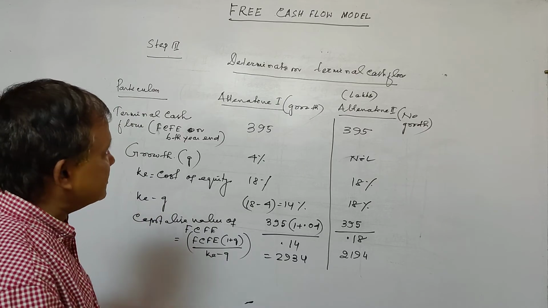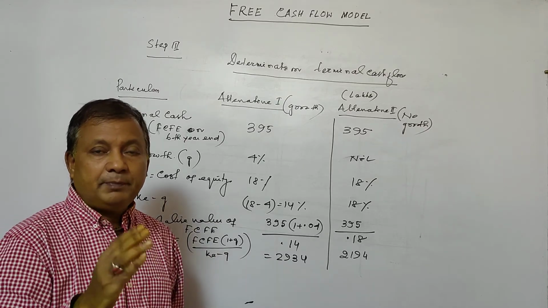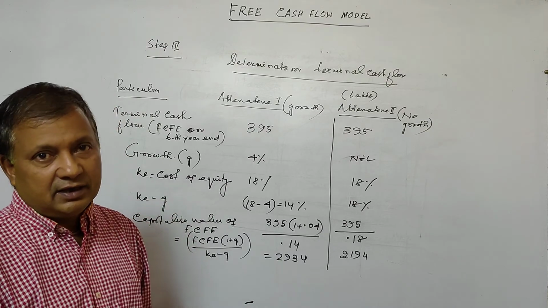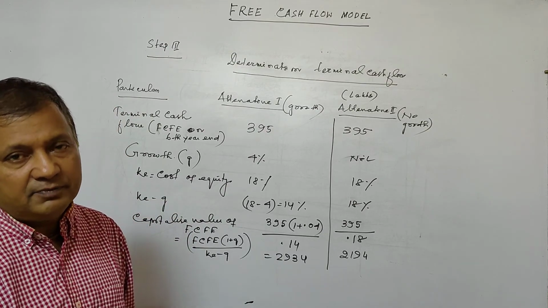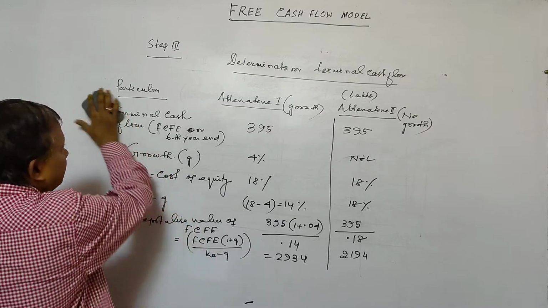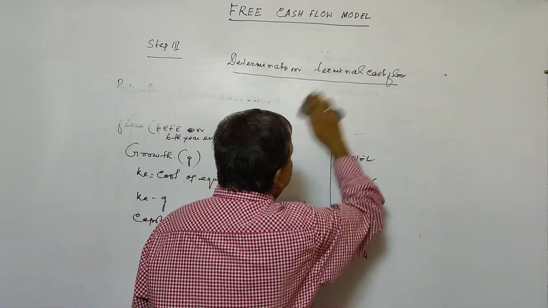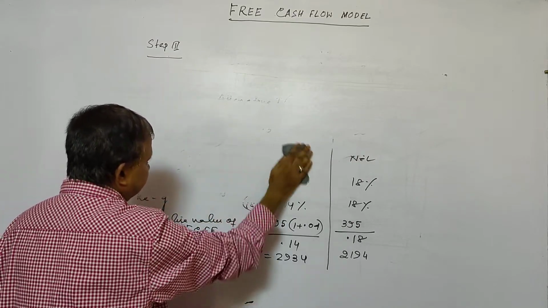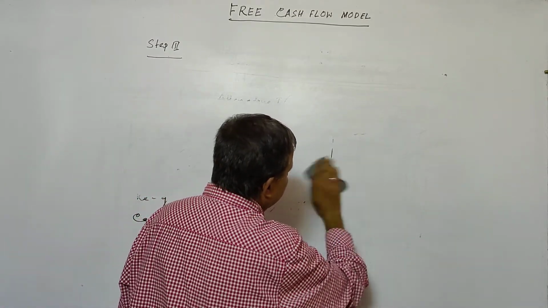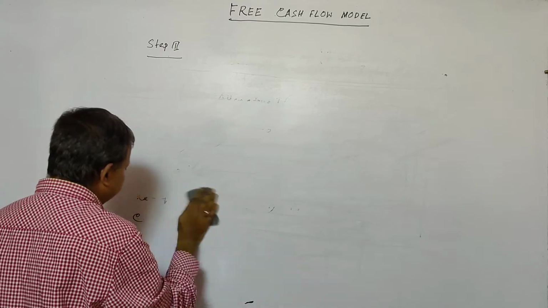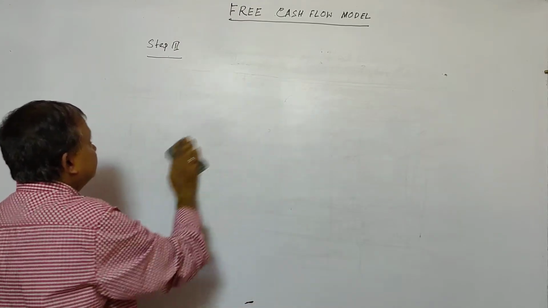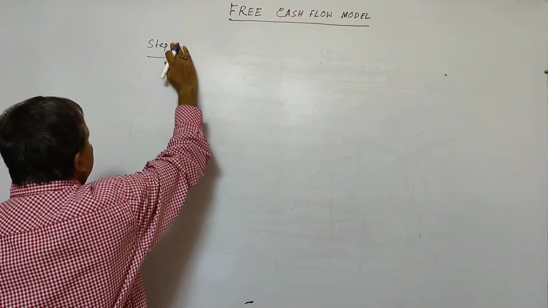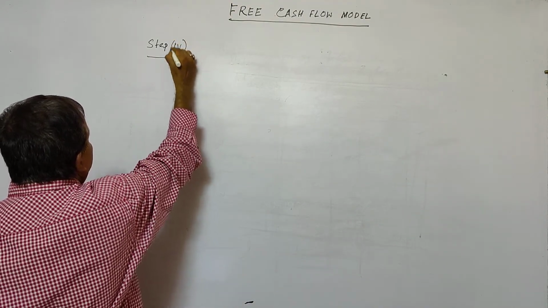Then in the fourth step, we shall find out the present value of total cash flow that will give us our intrinsic value of the business. So this is step 4. Let us come to step 4.